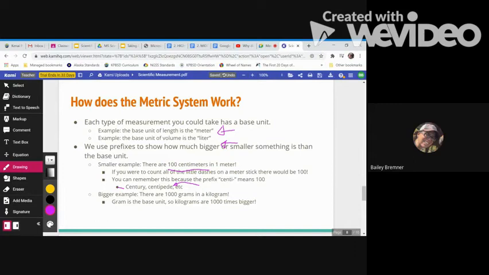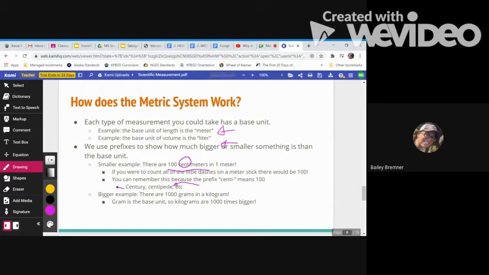That means that when you put the word centi in front of meters, you're saying that there's 100 in 1 meter. So there are 100 centimeters in 1 meter. And I challenge you, if you have access to a meter stick, if you look really closely and count all of the little tiny dashes, there will be 100 centimeters in that meter stick.